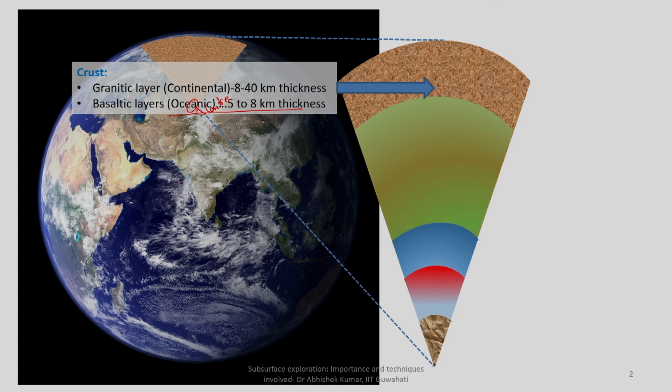Then you have the continental crust, which is comparatively thicker, and if you see its composition, it is mostly granitic in nature. It is relatively thicker than your oceanic crust, in the range of 8 to 40 kilometers.